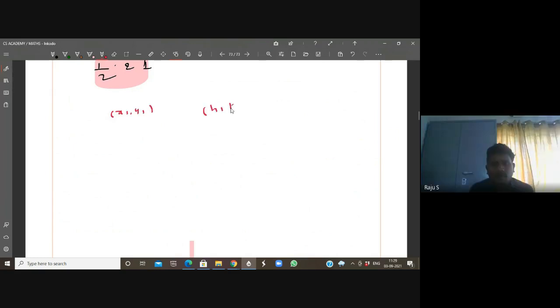Another point is h comma k. First, joining these 2 points, we get a line segment. Every line segment has a slope. What is the slope? (k minus y1) by (h minus x1). Just cross multiply. When I cross multiply, (h minus x1) into m is equal to k minus y1.